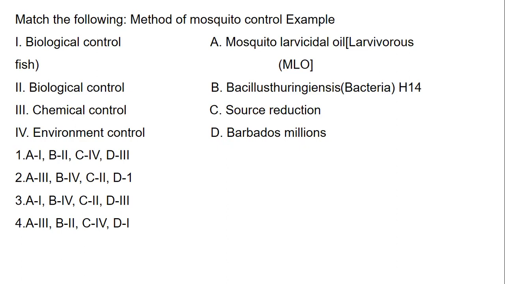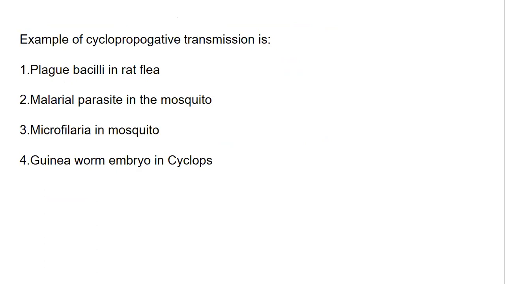So the option here is A. Chemical control is 3, mosquito larvicidal oil. Bacillus thuringiensis is biological control, 2. Source reduction is 4, environmental control. And Barbados millions is biological control. Answer here is 4.